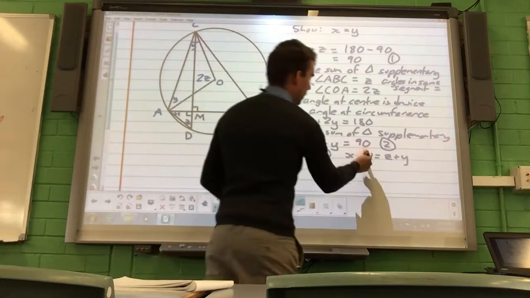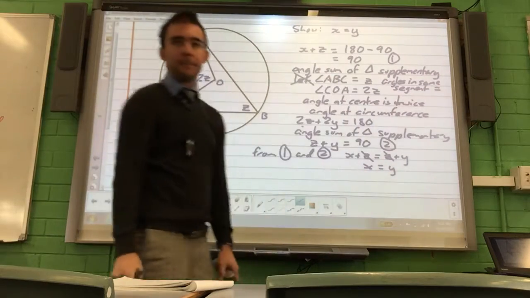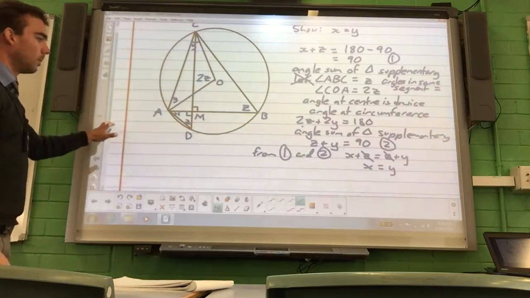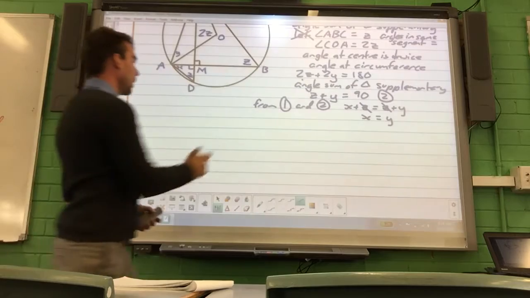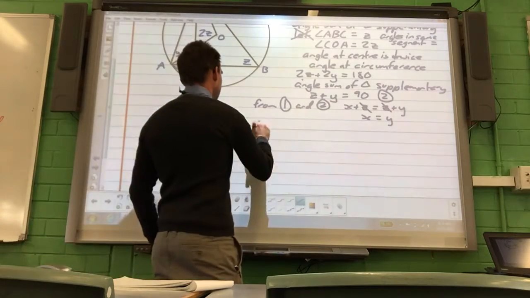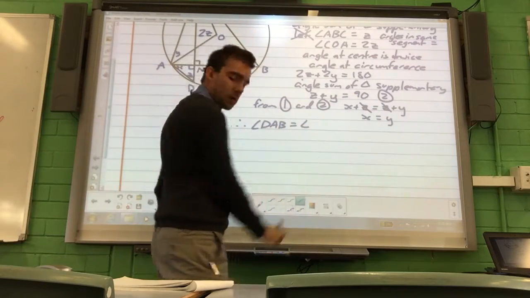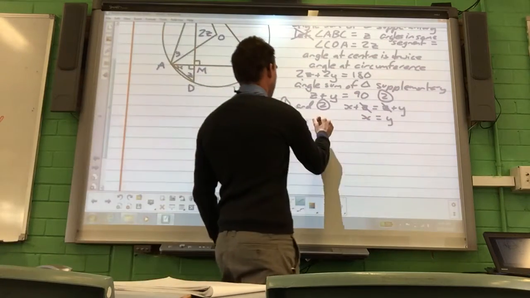And the z's cancel, so x is equal to y. And then your last line needs to be angle OAC.